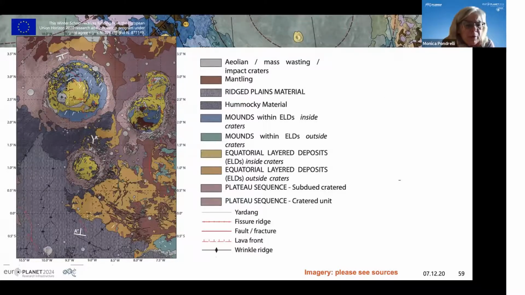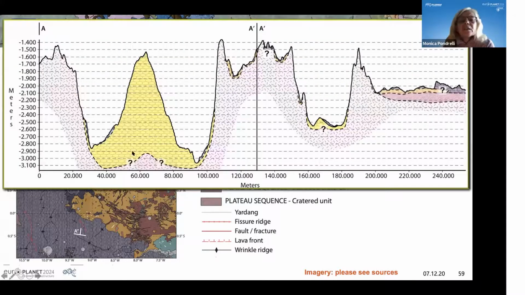the geological map of this area, because here there is a reconstruction. The layered deposits are this one in yellow, the mounds in blue, and yellow and orange outside of the crater, because they are a little bit different. And this is a geological section to express the geometric relations between the bodies. So these are the layered deposits. The base of this section has been interpreted using Garvin equations, so the thickness is more or less real, at least the order of magnitude.